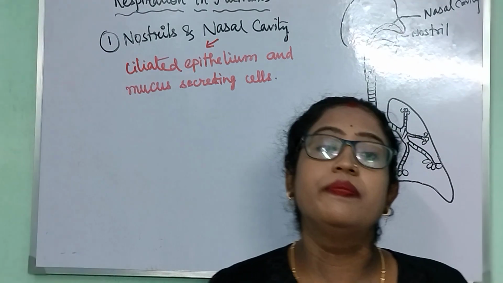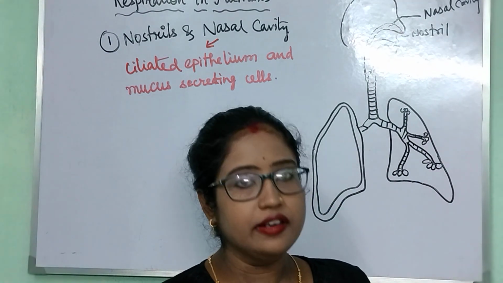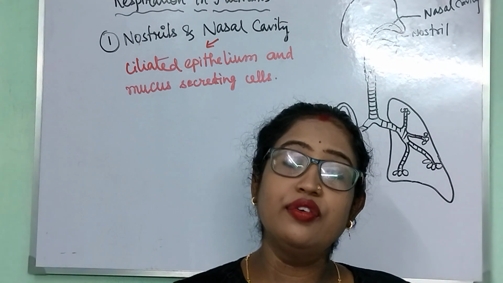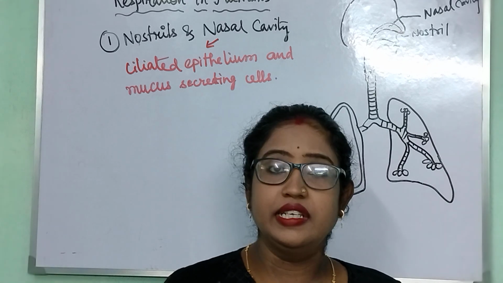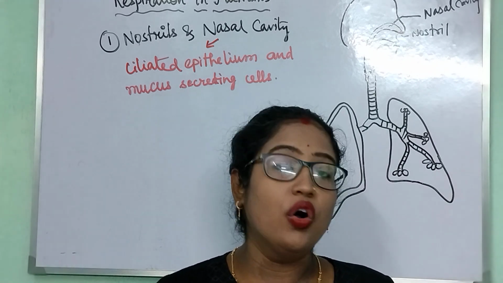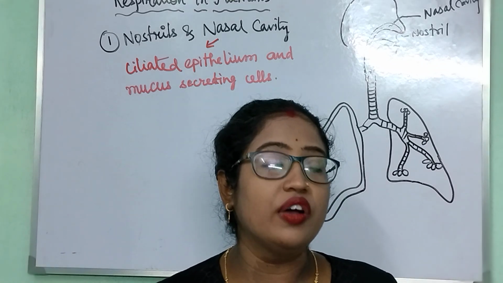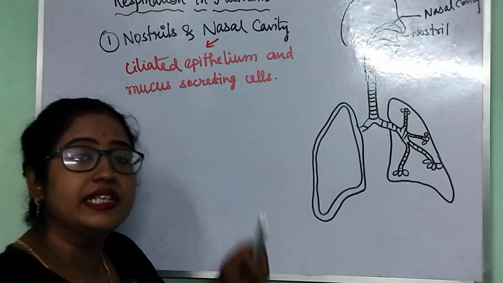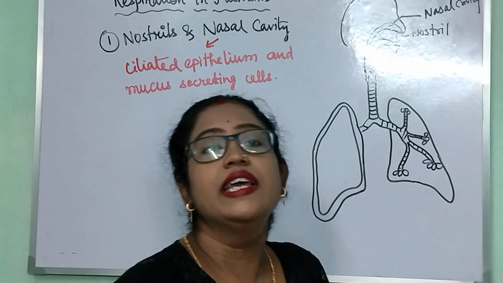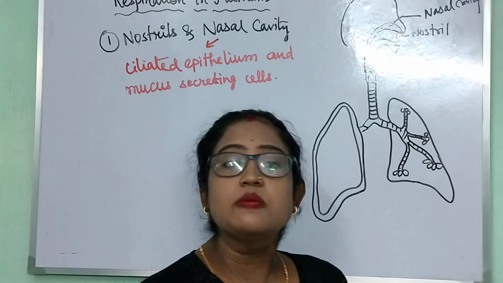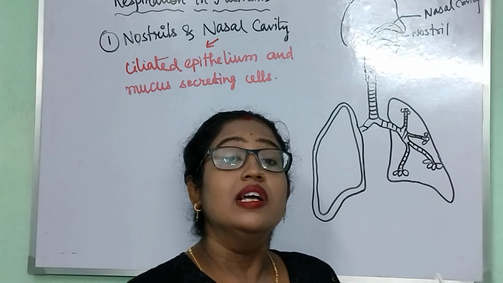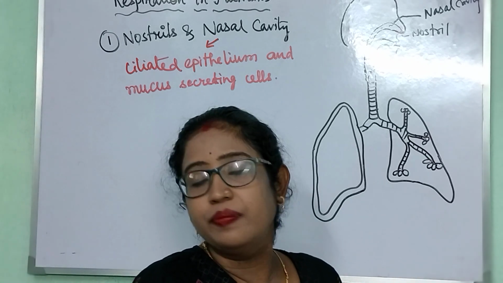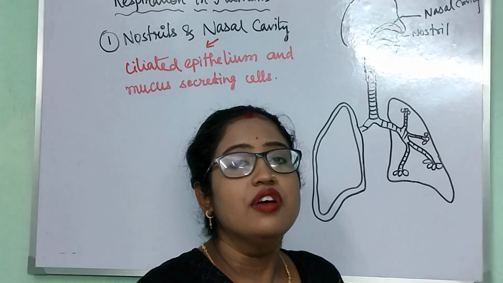When we inhale air from the outer environment, the microbes, bacteria or dust particles are also inhaled with that air. This ciliated epithelium and mucus secreting cells help to eradicate most of these dust particles or microbes, as the mucus secreting cells capture the dust and microbes that we inhale from the air.